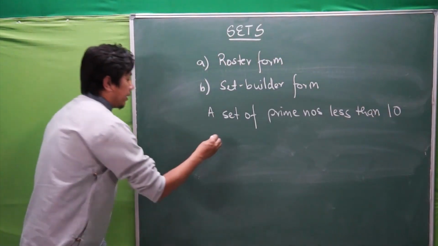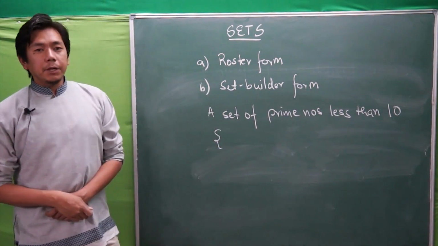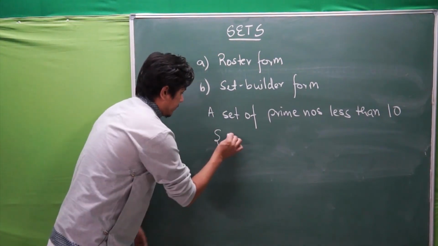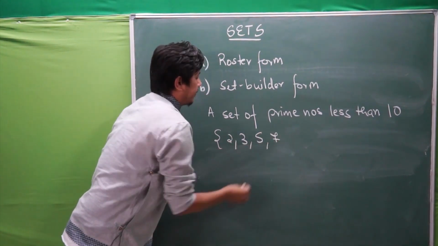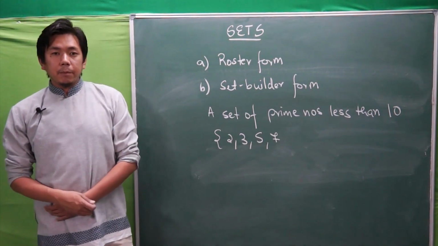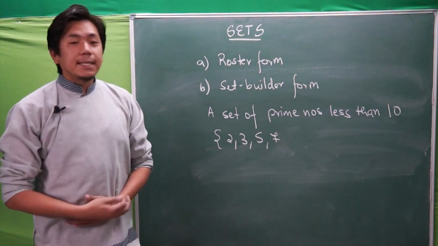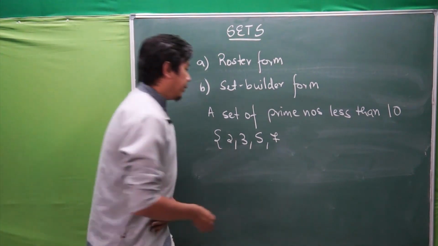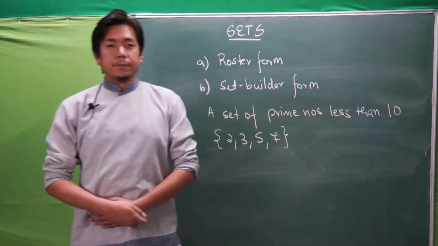So to represent in roster form, we begin with, is 2 a prime number? 3, 5, 7. Anything greater than 7? Next prime number, we have 11, which is not less than 10, which is greater than 10. So this is the end, and then we close it in braces.